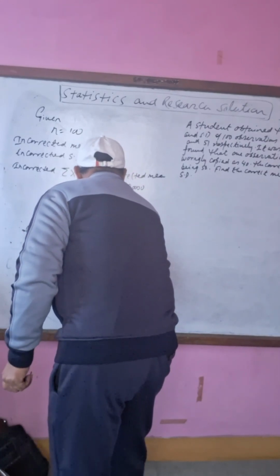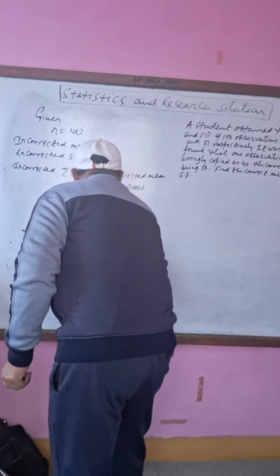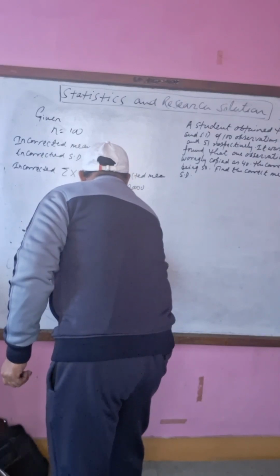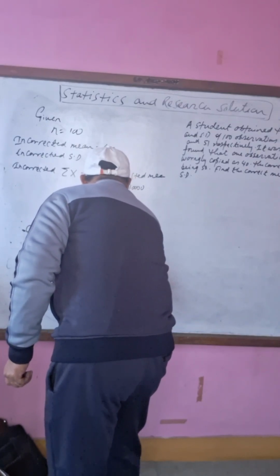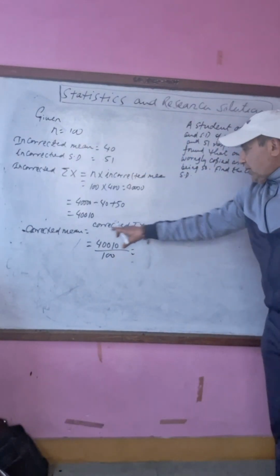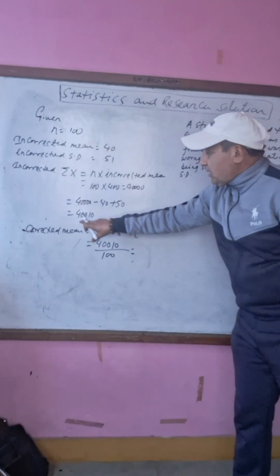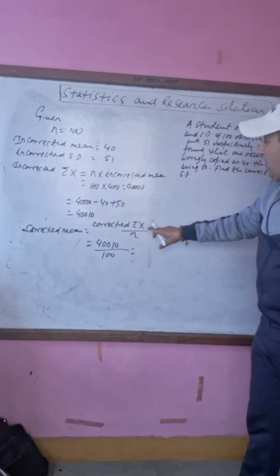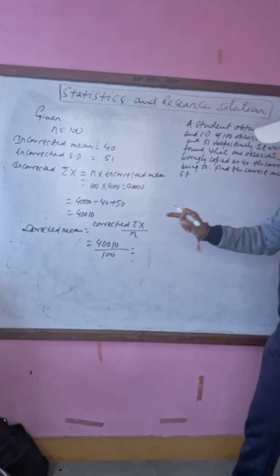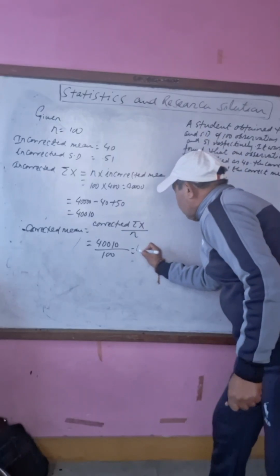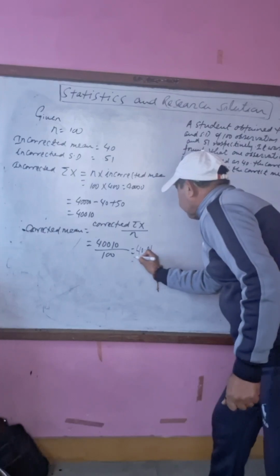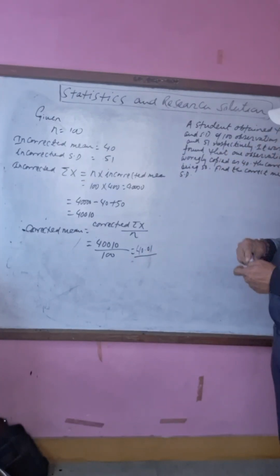The corrected summation x is 4,010, divided by 100. We get the corrected summation x and divide by n, and then you get the corrected mean. The corrected mean is 40.1.